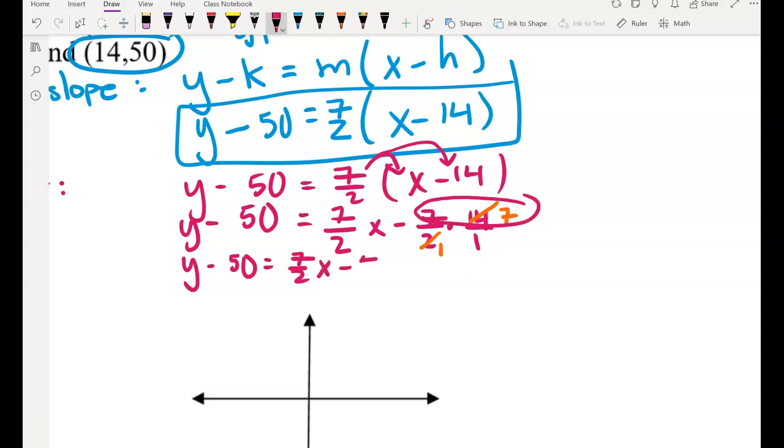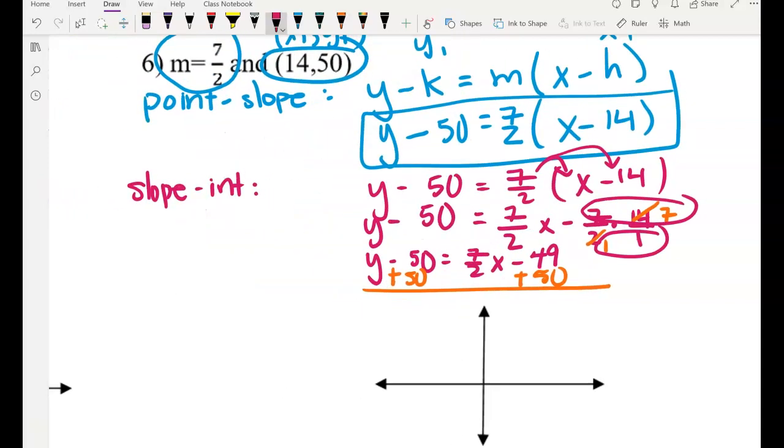That's going to give us a 49. And then in the denominator, 1 times 1 is just 1. We are now going to add 50 to both sides. And so, finally, our slope-intercept form, I'm going to write it over here: y equals 7 over 2x minus 49, and a positive 50 is now a positive 1.